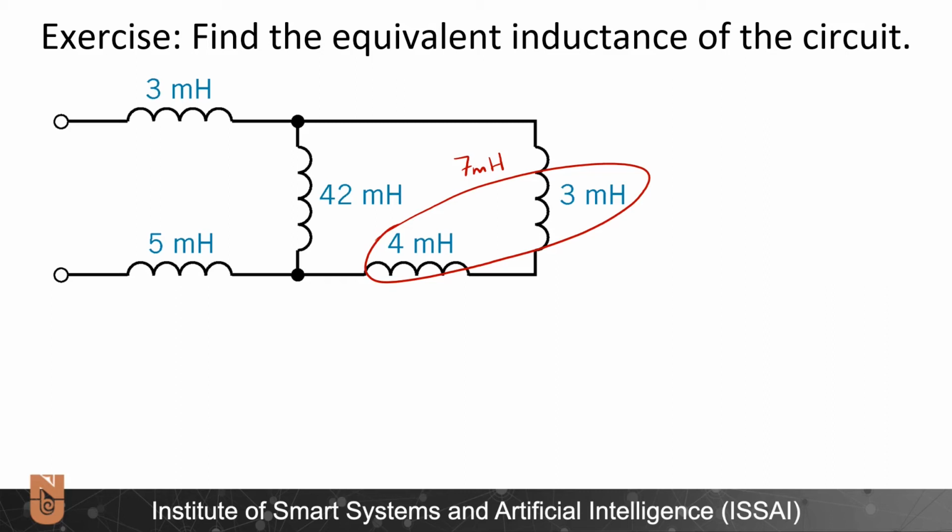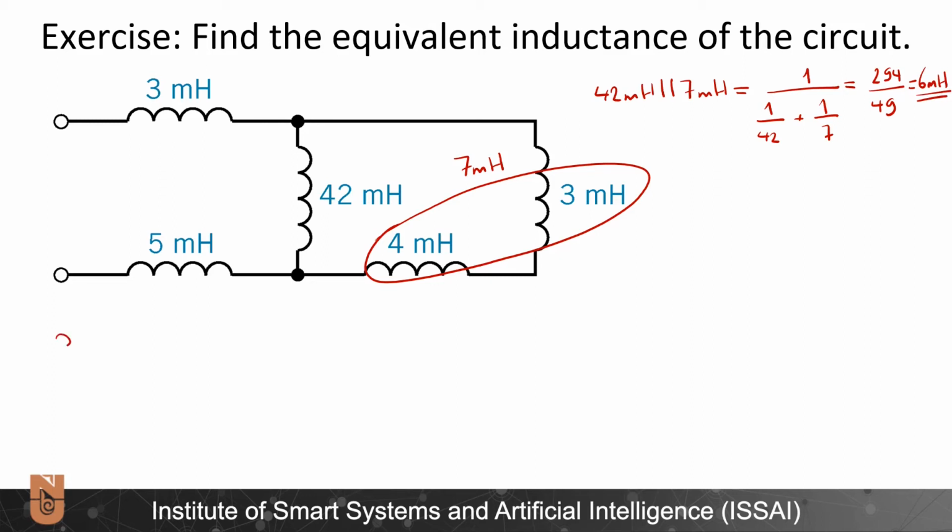Now I have 42 millihenries in parallel with 7 millihenries, and this will be equal to 1 over (1 over 42 plus 1 over 7), which is equal to 42 times 7, 294, divided by 42 plus 7, 49, and accordingly 6 millihenries.